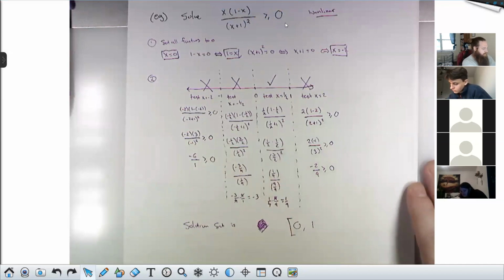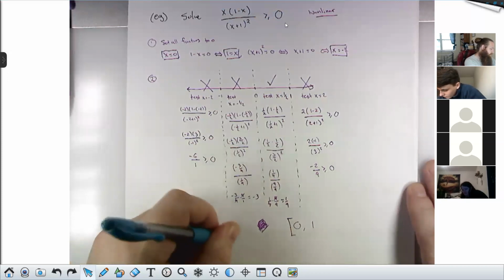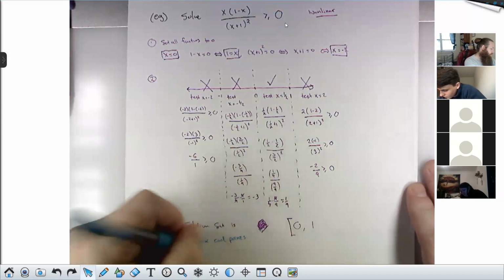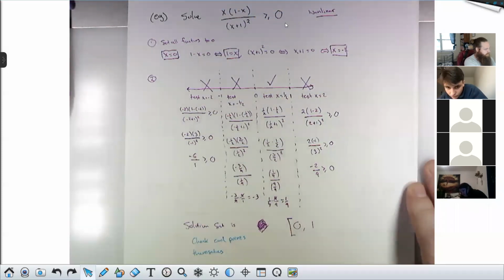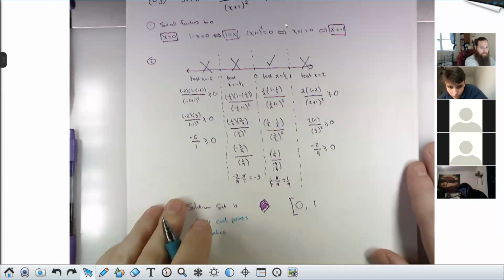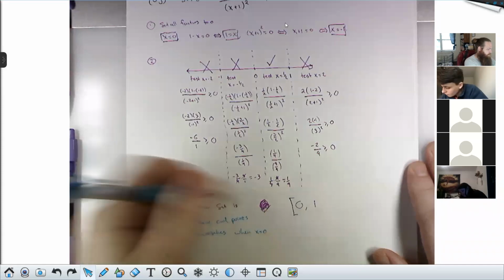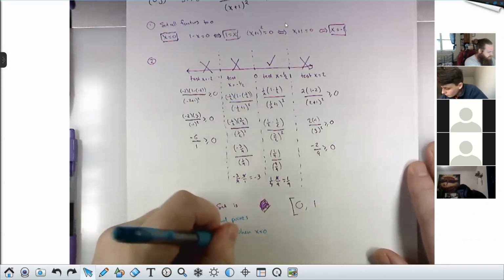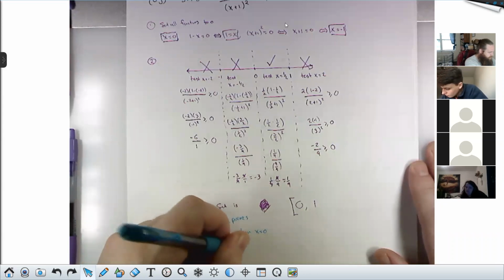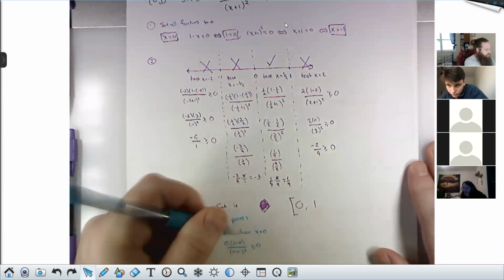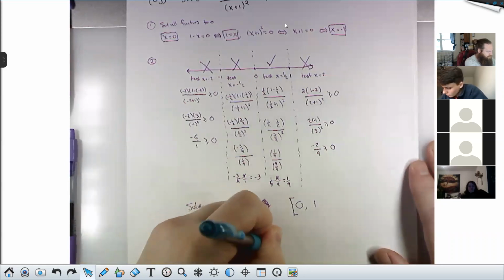So I need to check the endpoints themselves. When x equals 0, we get 0 times 1 minus 0 over 0 plus 1 squared is greater than or equal to 0, which is true because the left-hand side just becomes 0.